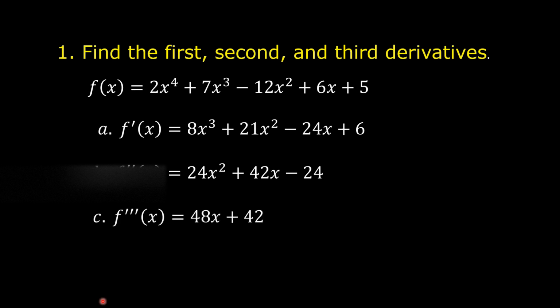And let us see for the third derivative, find the derivative of the second derivative. Using the power rule, we get f triple prime of x is equal to 48x plus 42.